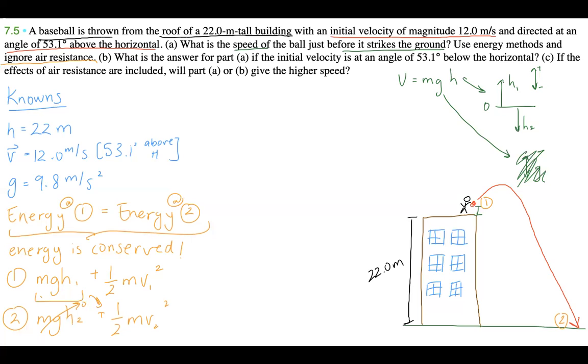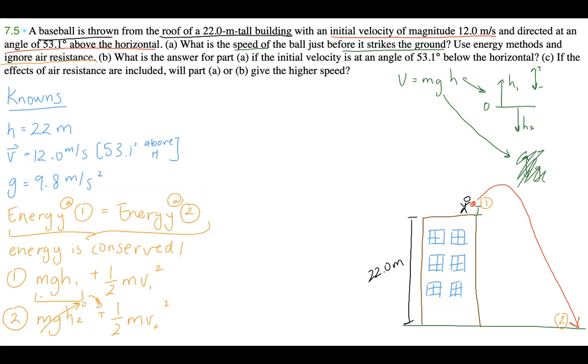At point 1, we have gravitational potential energy and kinetic energy. At point 2, we just have kinetic energy, and the reason we don't have gravitational potential energy at point 2 is because we're at height 0. All the gravitational potential energy at point 1 is converted to kinetic energy.